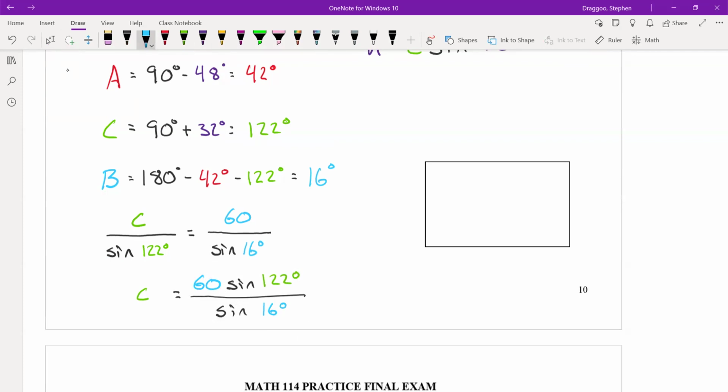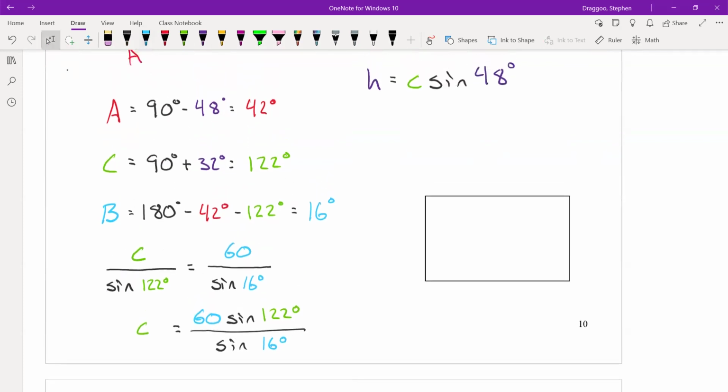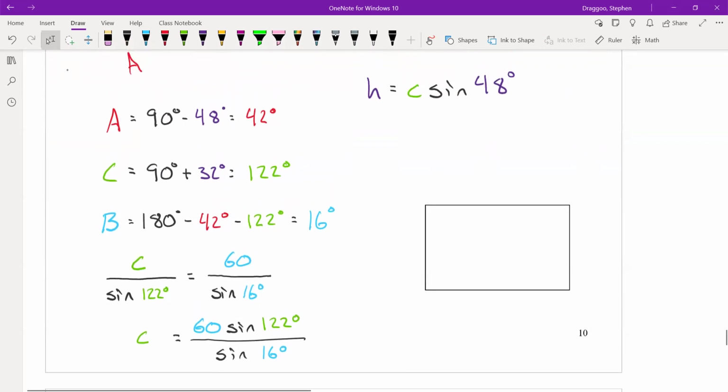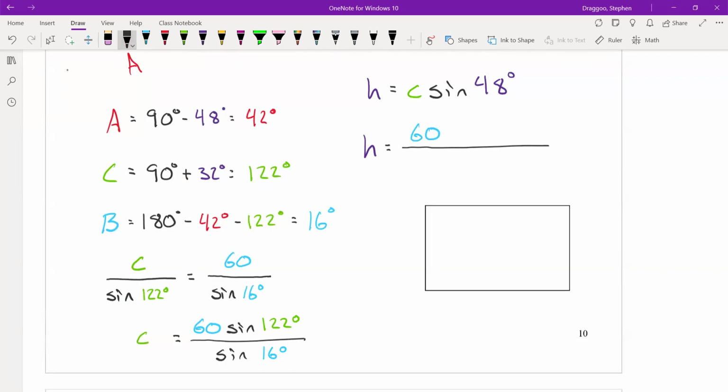And now that I know C, I can finally come back up to the original thing that we were trying to solve for, the height of that building across the street, H, and just plug in C. I know that C was 60 times the sine of 122 degrees.